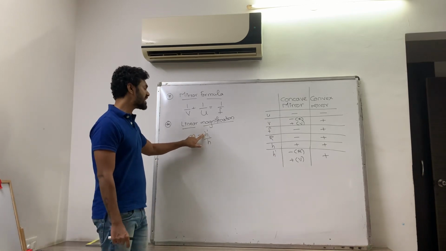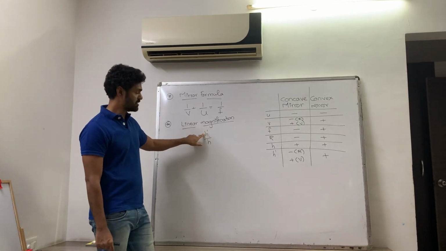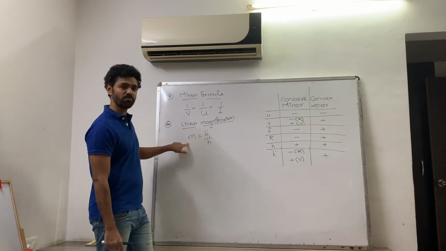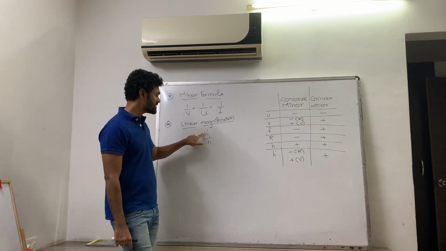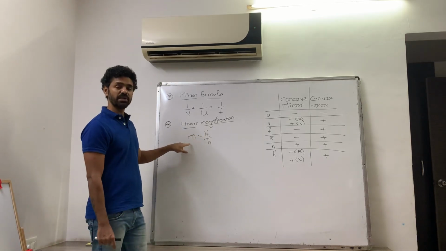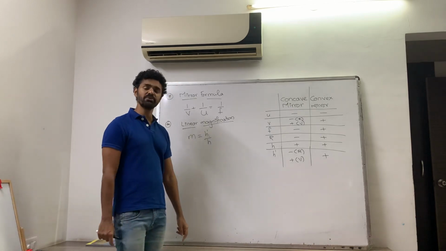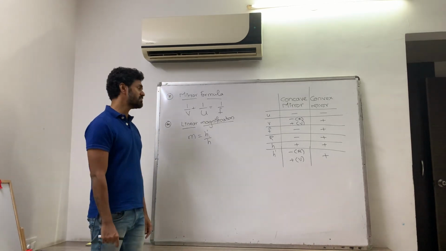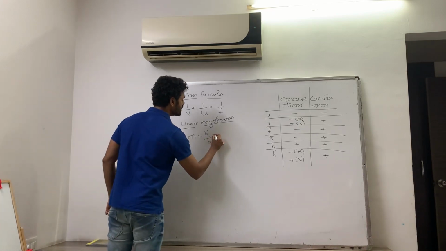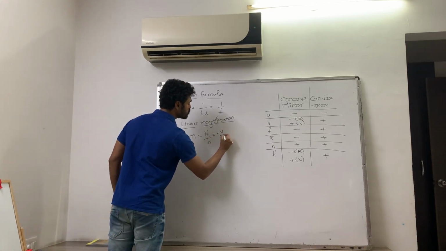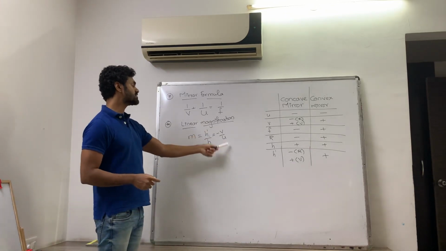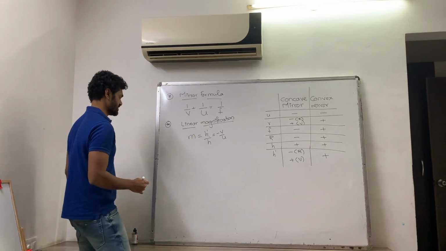When is h dash negative? If the image is real. So if h dash is positive, that is when the image is virtual, m would be positive. And if h dash is negative, that is when the image is real, m would be negative. It means if m is positive, the image is a virtual image, and if m is negative, the image is a real image. This can also be equated to minus v by u, that is minus image distance by object distance.